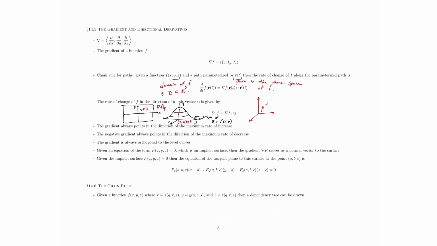It always tells you the direction that you should move in your domain space to increase the value of the function the most rapidly. On this diagram, we'd have to go up the hill, which means since the peak is at the z-axis, it would say to go toward the z-axis. In this perspective drawing, a 2D picture of a 3D thing can cause some issues here.